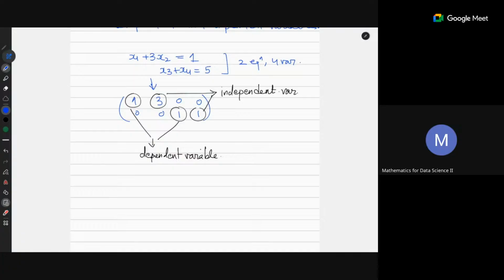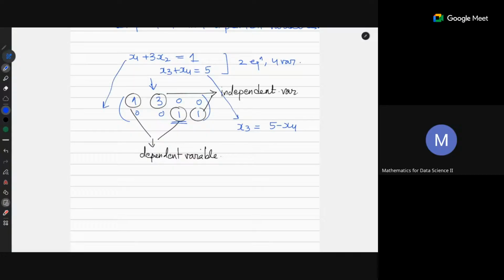Because this matrix is in REF form, you can solve for the variables corresponding to the leading entries in terms of the independent variables. For example, x3 is equal to 5 minus x4, from this equation.